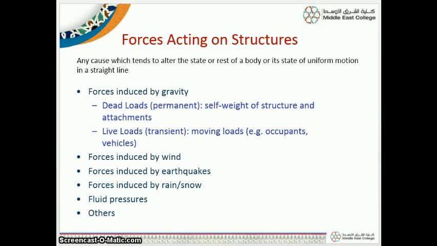Now forces induced by wind, forces induced by earthquakes, forces induced by rain or snow, fluid pressures, and others.